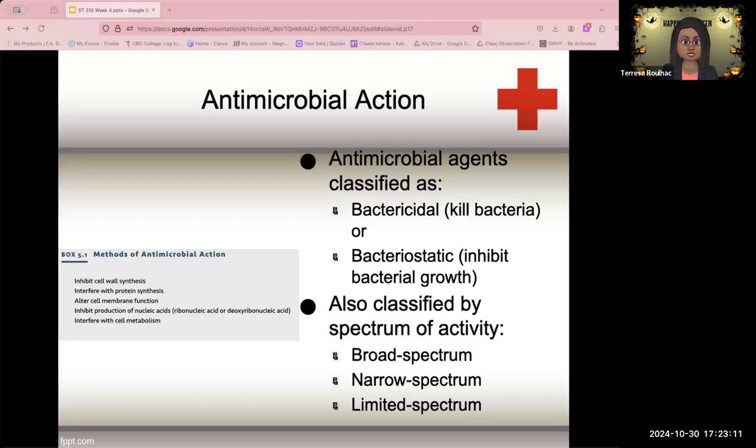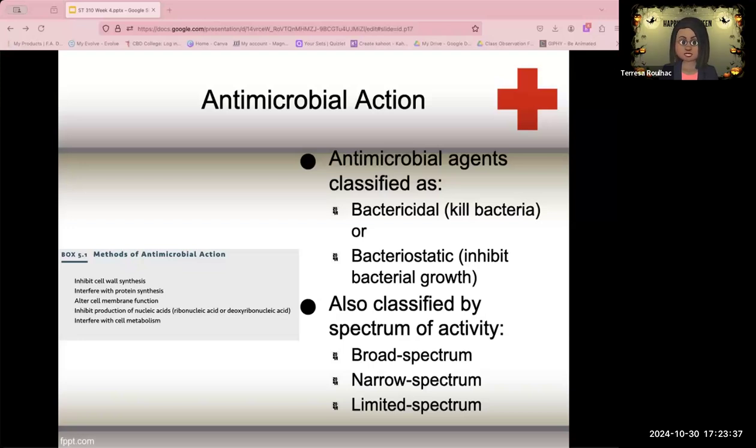Now, we look at broad spectrum antibiotics. Broad spectrum antibiotics are effective against a wide range of bacteria, including both gram-positive and gram-negative organisms. Examples: ampicillin, tetracycline, okay? These are often used when we don't know the specific causative agent of an infection.